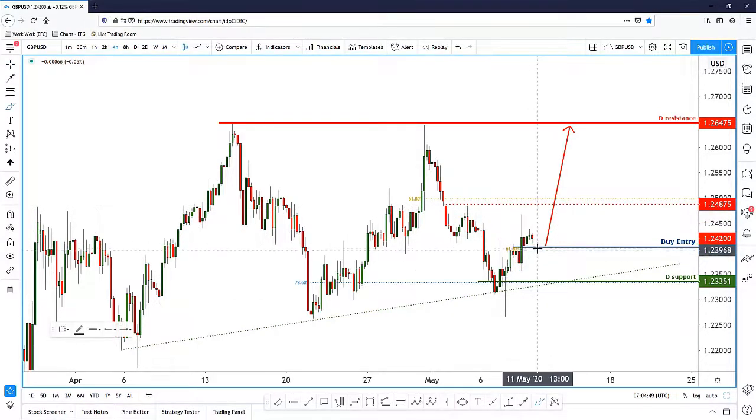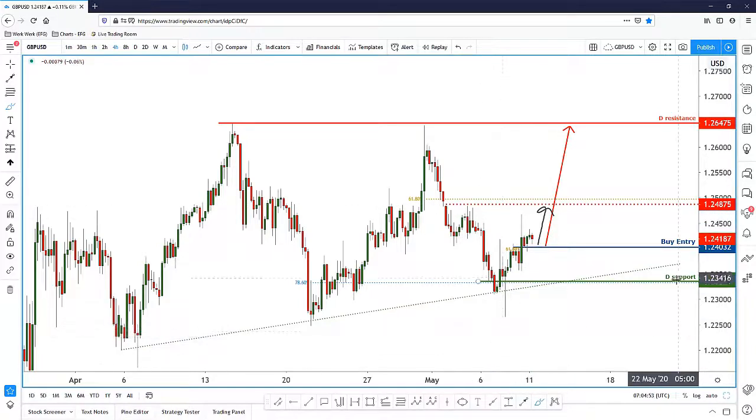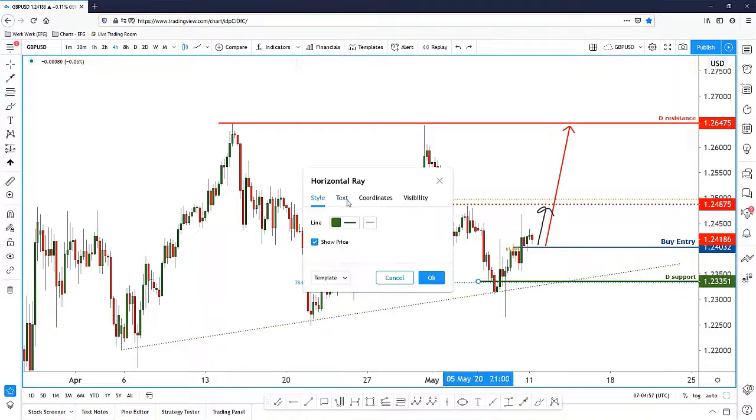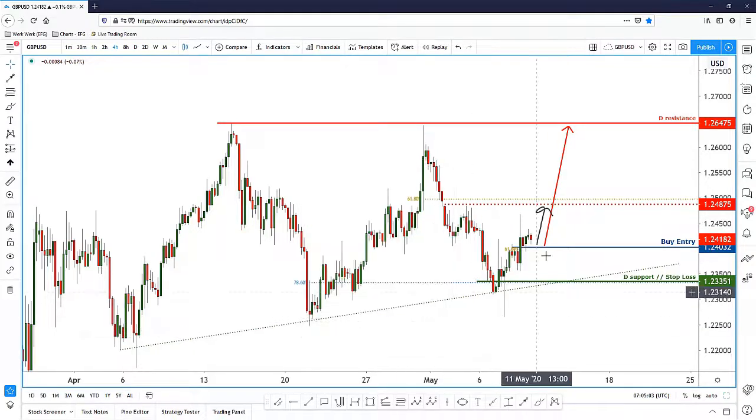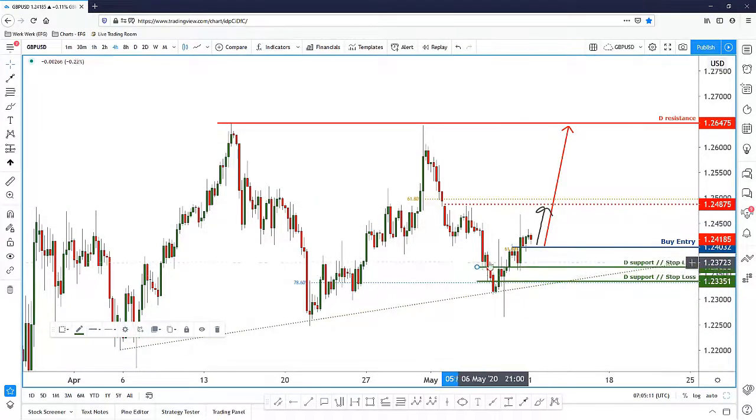Now, once price has pushed up to here, where would I put my stop loss? This daily support will be my original stop loss. Okay, so let me just put the words there. Now once price actually reaches this intermediate take profit, where I take partial take profit, I will move my stop loss all the way up to my buy entry.